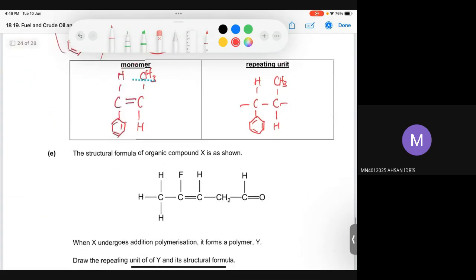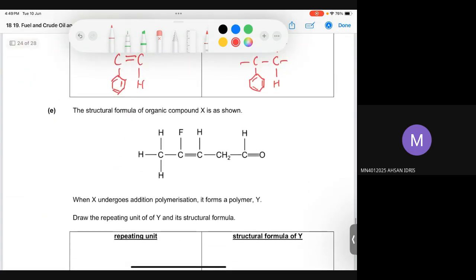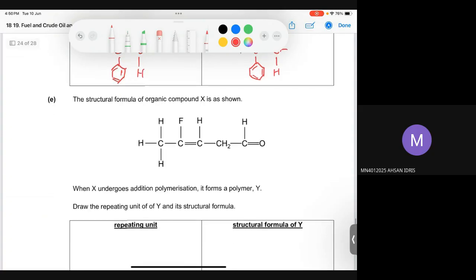Now, part E, I want to show you first. But before I show you something, let's ask Akid, your turn now. When I look at addition polymerization, what is the homologous series that undergo addition polymerization?